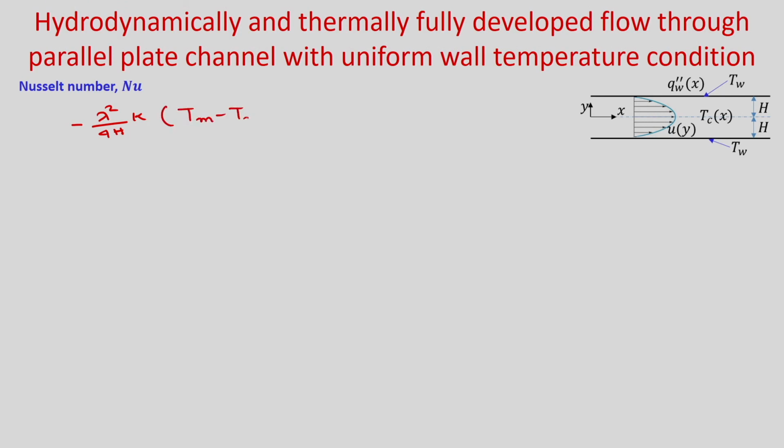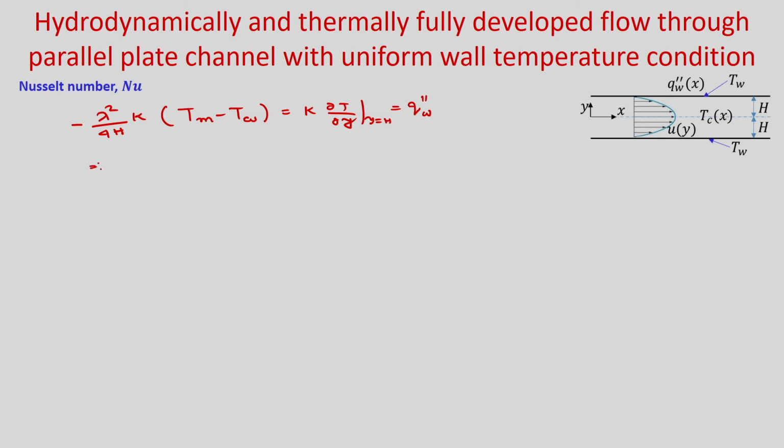So, we have written the definition of bulk mean temperature, and because we need to define the Nusselt number based on Tm minus Tw, it will be k del T by del y at y is equal to h, and it is nothing but q double prime w. Okay. So, k del T by del y is q double prime w.